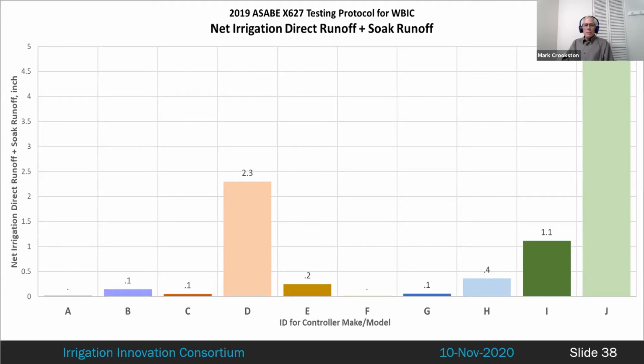No solid explanations can be offered about what happened here, but we do have a couple of clues that could be considered. One is that controller D used on-site, wireless sensors, and if the connection between the controller and the sensors is sporadic, that could possibly contribute to this kind of performance.